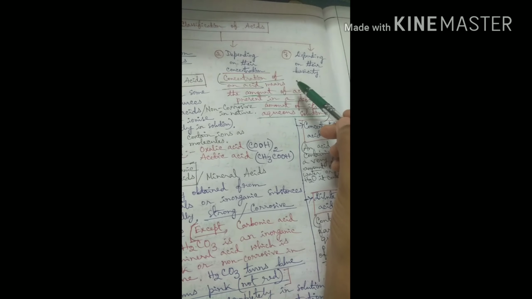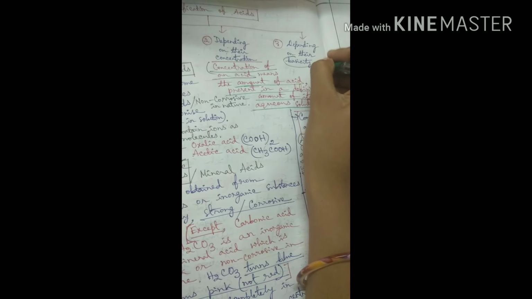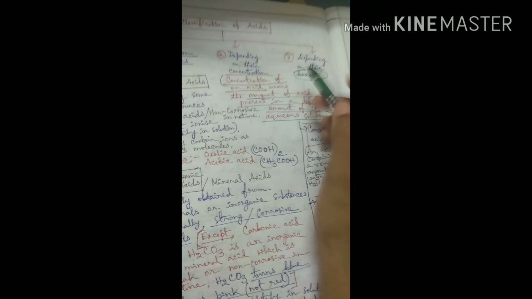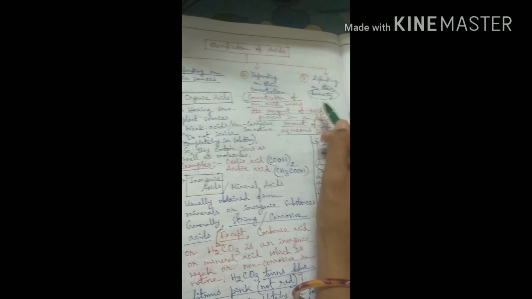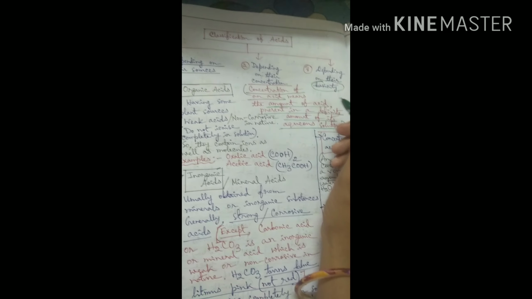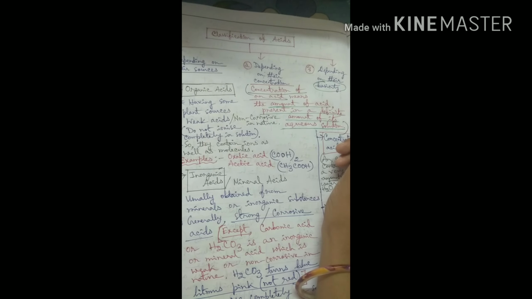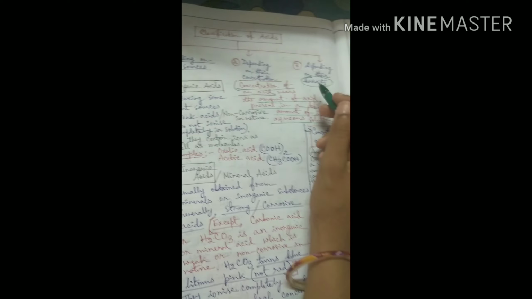Now, the third basis of classification is depending on their basicity. Basicity means the number of hydronium ions, or H3O plus ions, that can be produced by the ionization of one molecule of that acid in its aqueous solution.